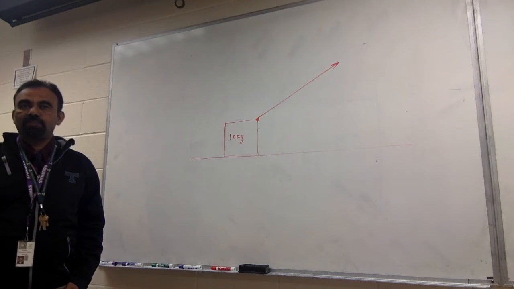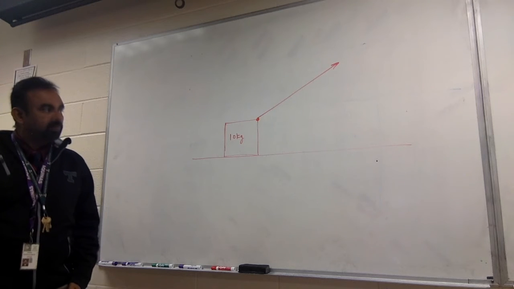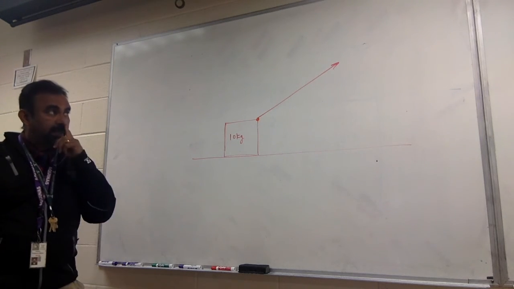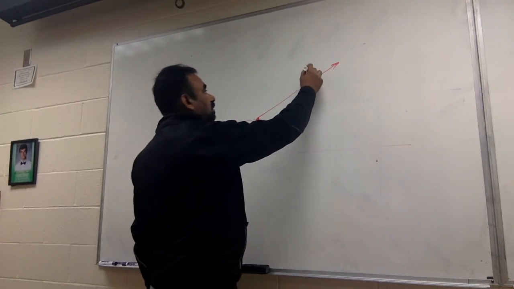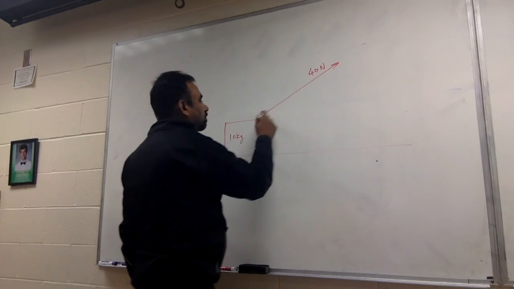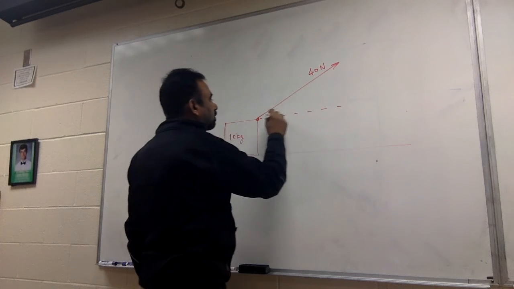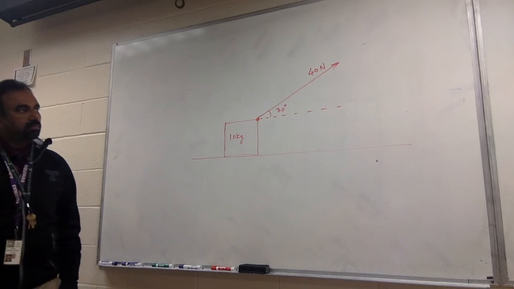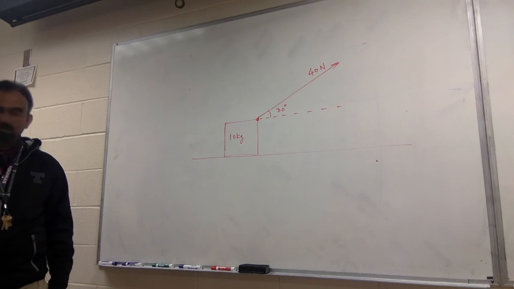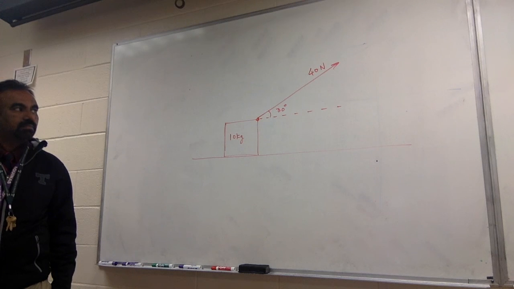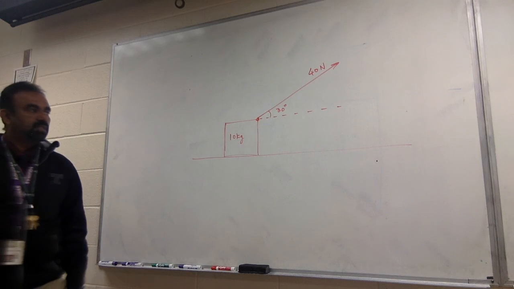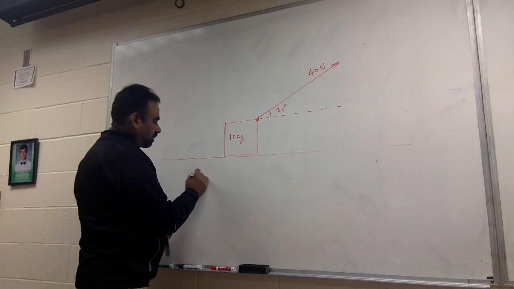You're pulling the object in that direction with a force of 40 newtons at an angle of 30 degrees. Let's say it's frictionless.